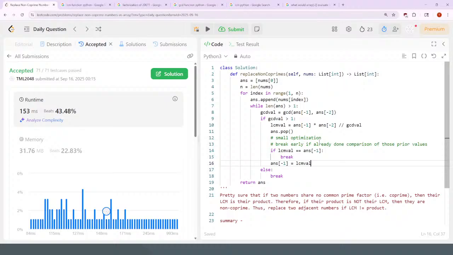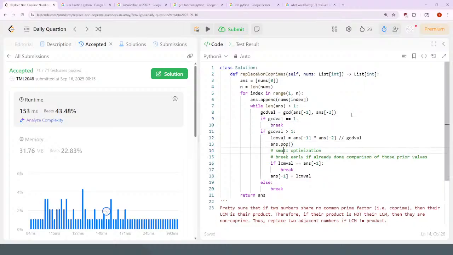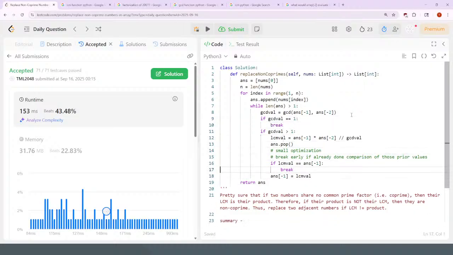LCM value. Yes, we can probably do something like this here. If GCD value is equal to 1, break. Slightly better indentation.